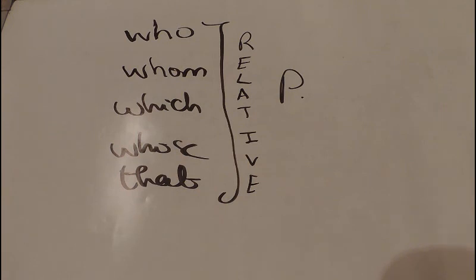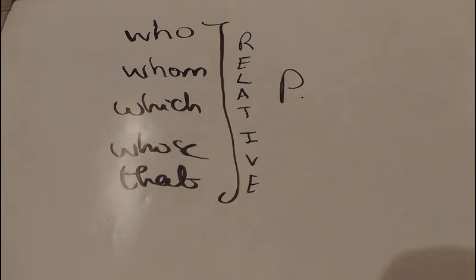And I need to know that who, whom, which, whose, and that have different usages, and you're going to see a lot of different sentences with irregular rules. We just talked about the basic things, and we said that who and whom are used for people, which for things, whose for both, and that for both. But whose and that, of course, are different. Who and whom are different, and which is different from all.